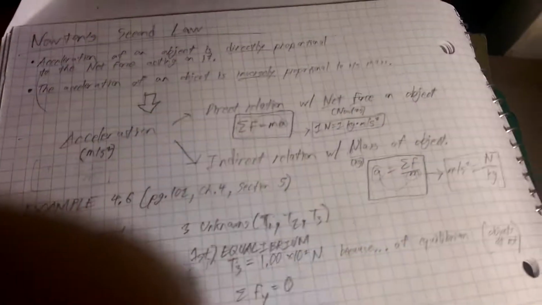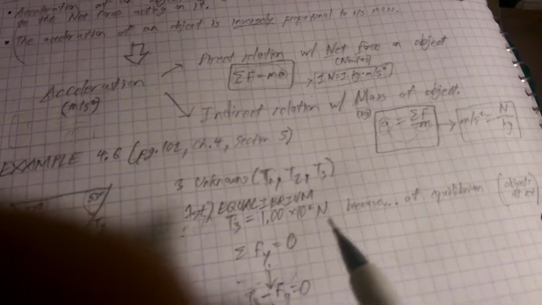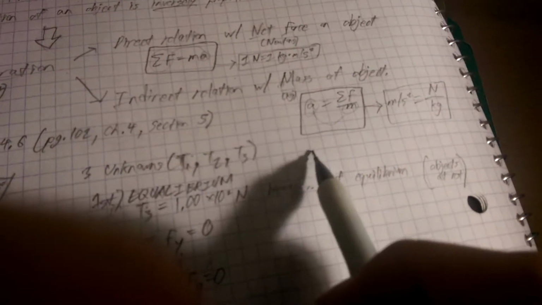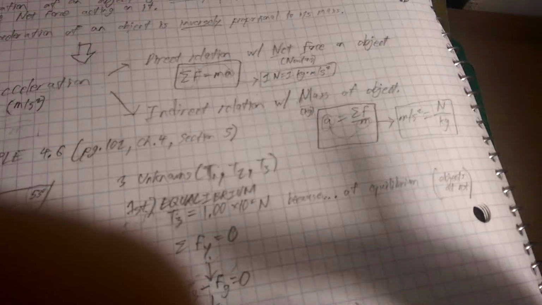Raise one, you raise the other. Acceleration and mass, on the other hand, are inversely related. So here, if you raise mass, it lowers acceleration. The heavier an object you have, the slower it'll move. The lighter an object you have, the faster it'll move.